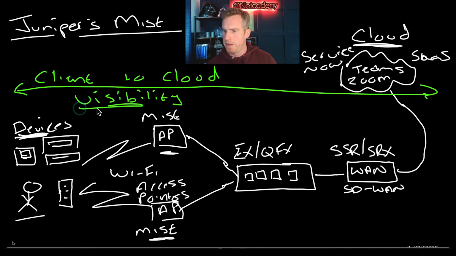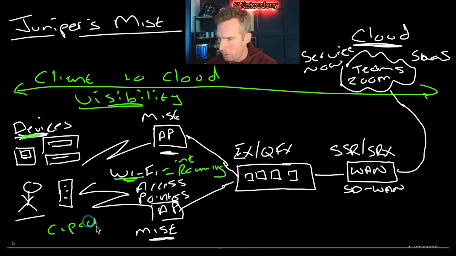And that is very important because all these devices here are connecting over Wi-Fi. And there's lots of aspects, there's lots of areas that can impact this Wi-Fi over the air connection, such as Wi-Fi interference or even non-Wi-Fi interference. And then you've got roaming as well. And you've also got to look at capacity. What is the capacity of that wireless network?